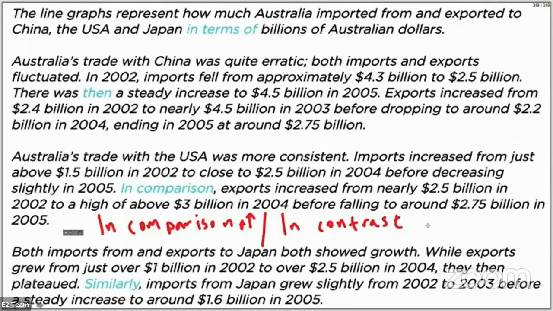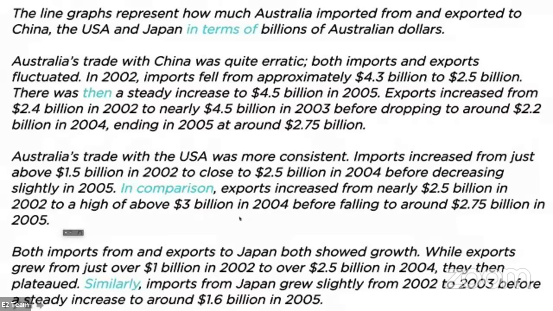But when you're using in contrast, you have to say this one increased, but in contrast, this one decreased. Okay, so you can use in comparison for increase and increase, or decrease and decrease, but this one has to show the opposite. So I'm actually right there, and luckily I've just corrected myself and saved my integrity as a teacher.